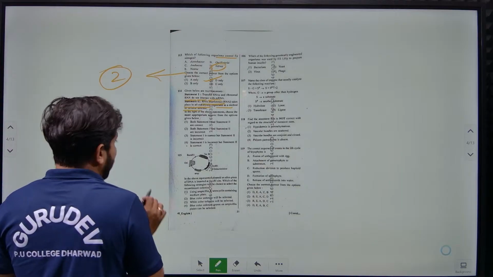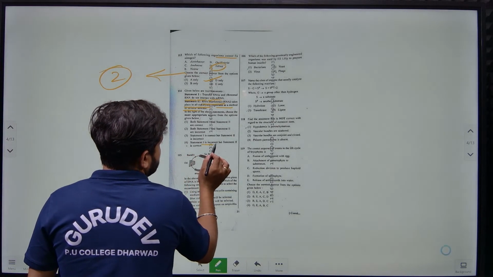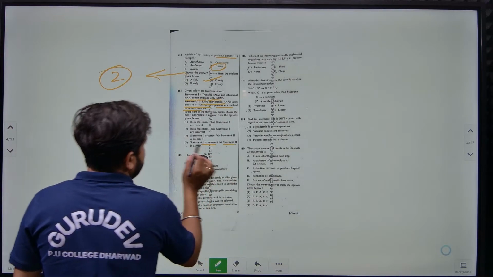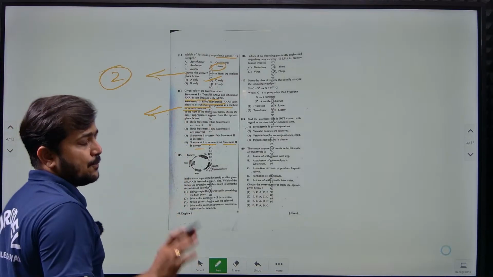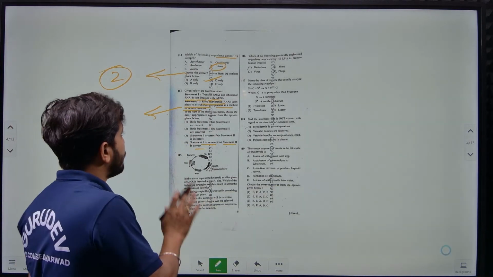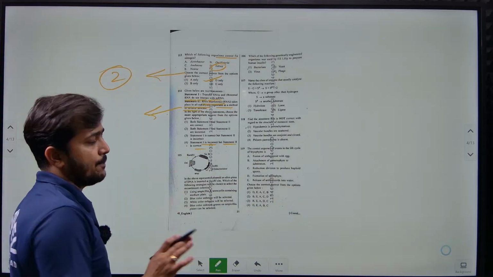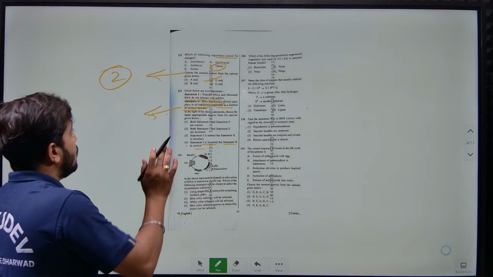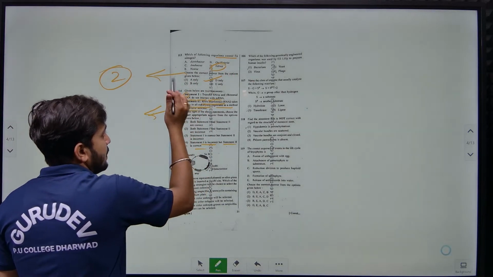According to that, statement 1 is incorrect and statement 2 is correct, right? Transfer RNA and even ribosomal RNA, both of them are going to interact with mRNA, then only there will be a formation of protein, right? They are saying it does not react with mRNA. So statement 1 is wrong.